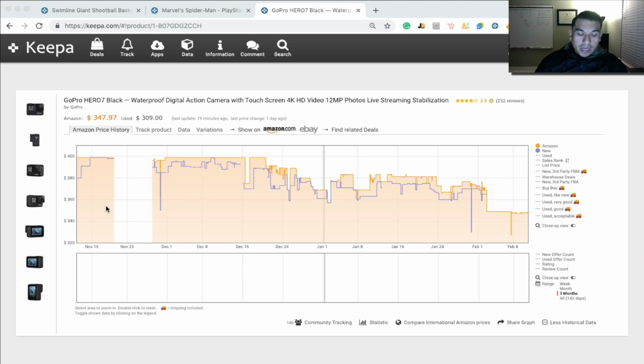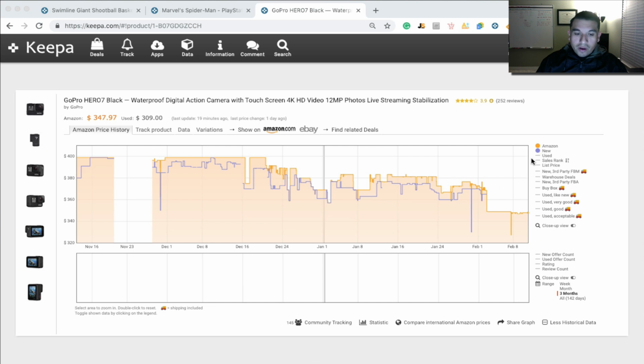So here we'll see on this product, Amazon has been in stock during this range, and then it went out of stock here, went back in stock over here. And then we also see the prices that Amazon has sold this product for.